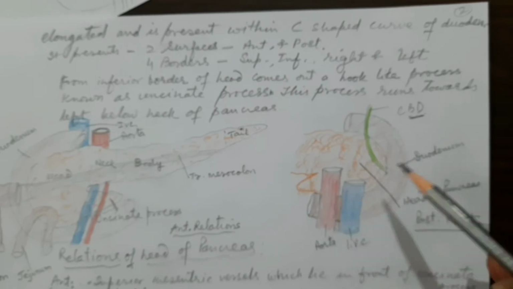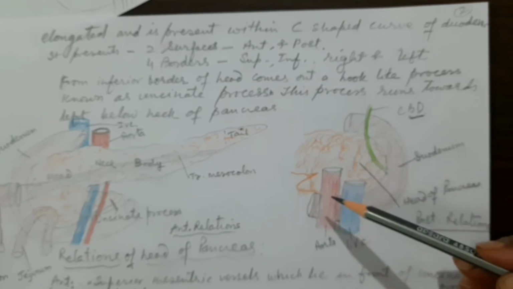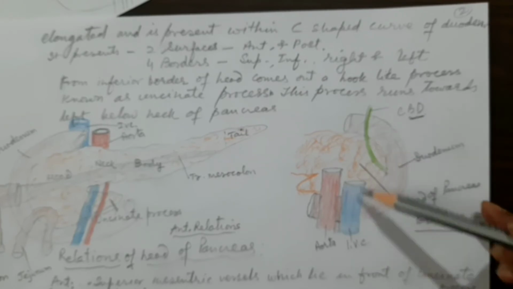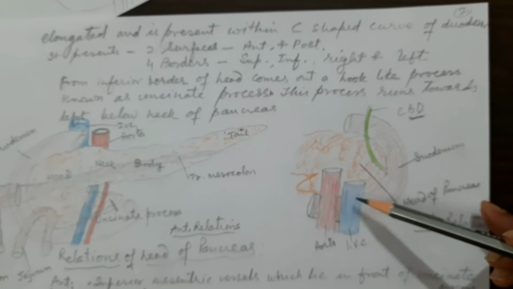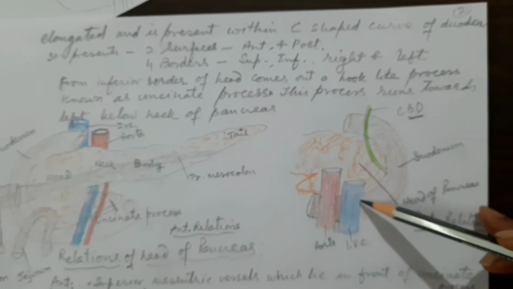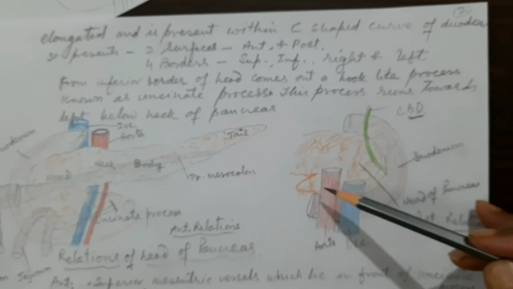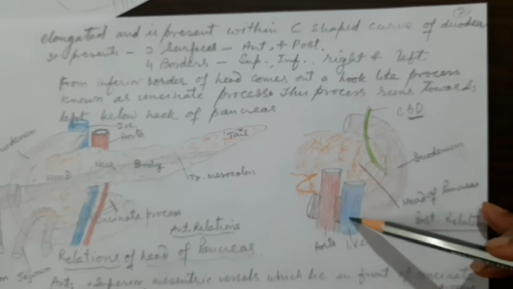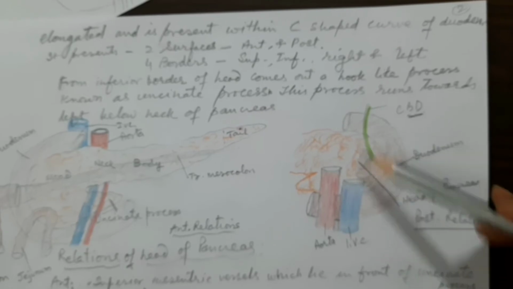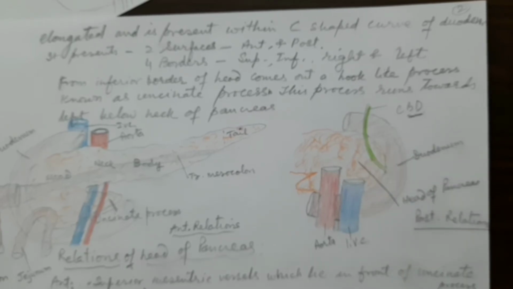This is the uncinate process, and you can see here the two great vessels: the inferior vena cava and, more towards the left, the aorta, which lies behind the uncinate process.